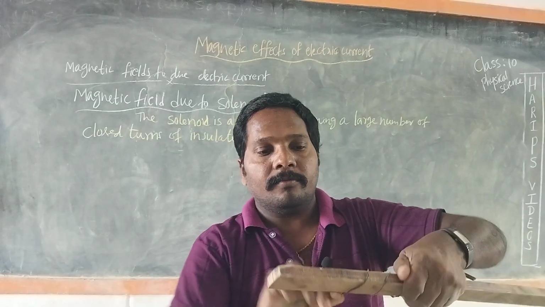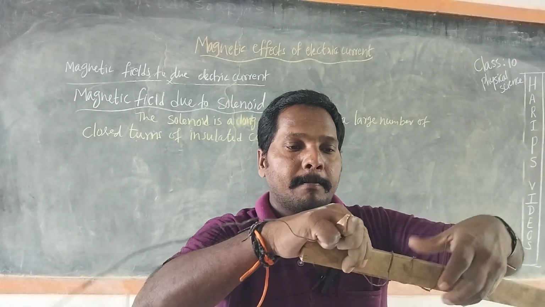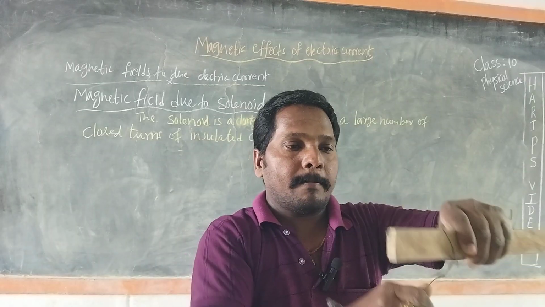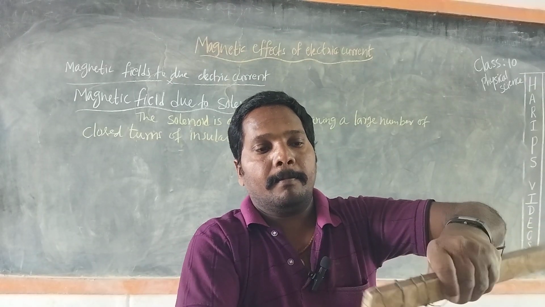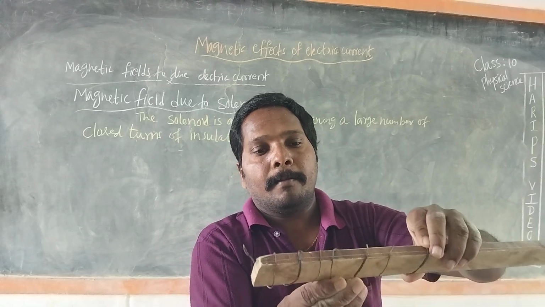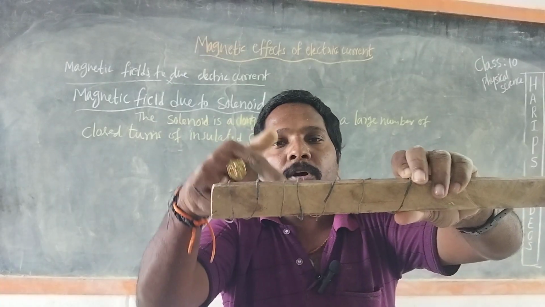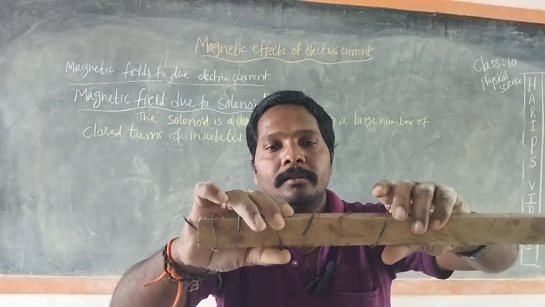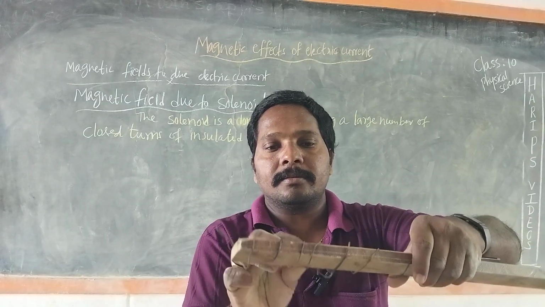this object, right, so this is called as a solenoid. So it becomes like this.